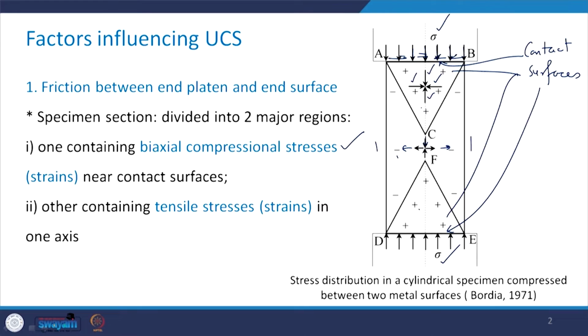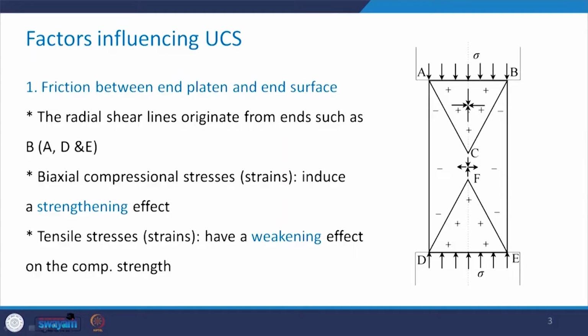Ideally, because it is a compressive stress test, there should not be any tensile stresses, but that occurs here. So, what does it do? See what happens because of this: you have the radial lines which originate from these ends A, B, then D and E. These are called radial shear lines.